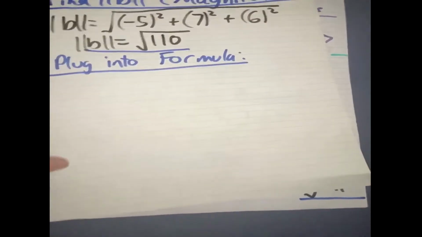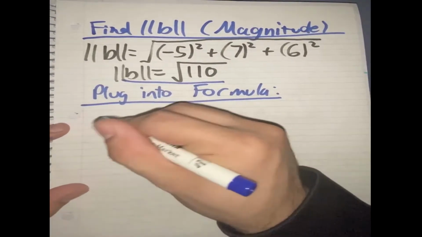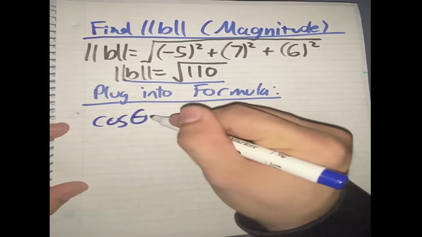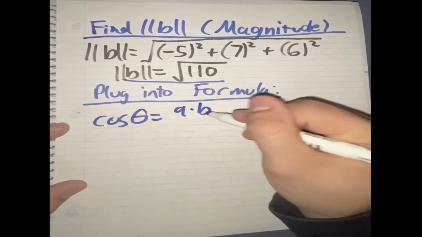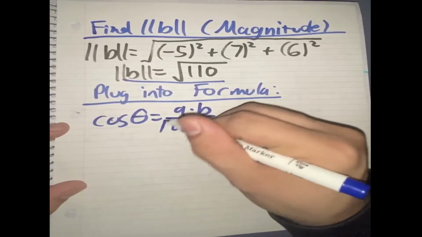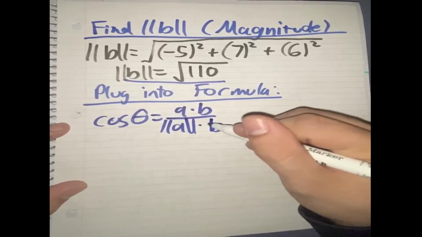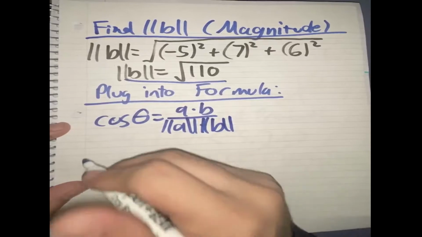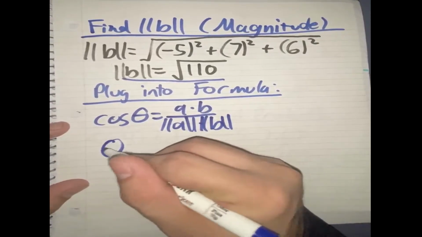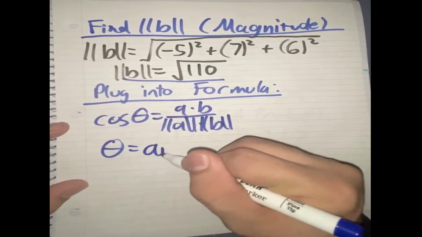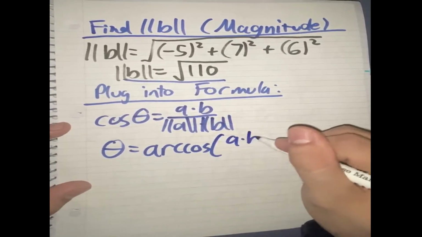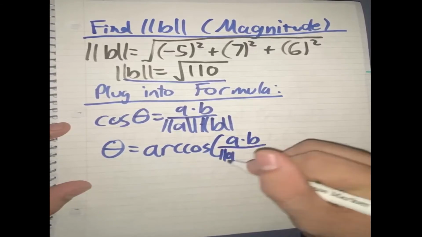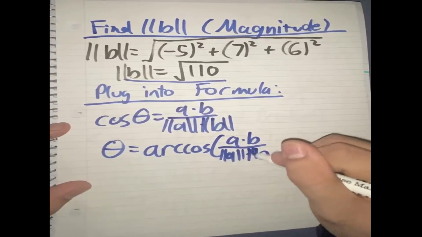So cosine theta is equal to A dot B, which we have, divided by magnitude A times magnitude B. To get the angle, it would be the arc cosine, or the inverse cosine, which means the exact same thing, of these values.